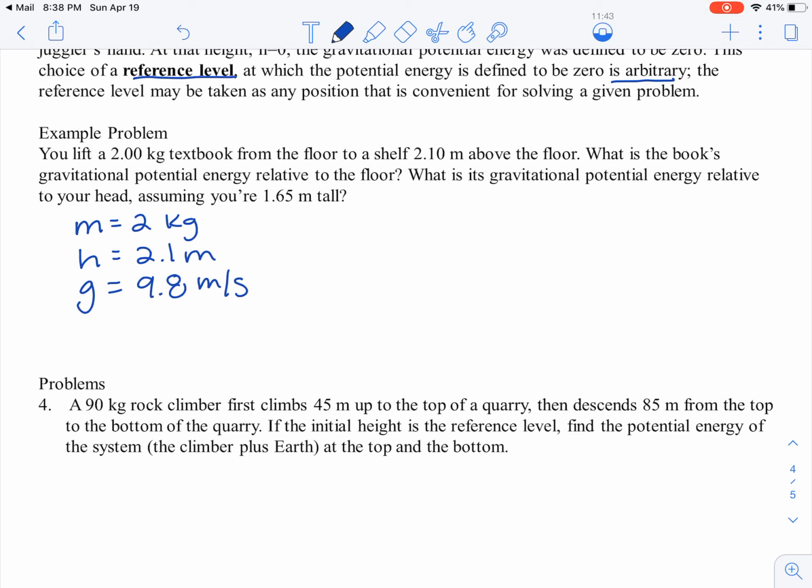We do want mass in kilograms, height in meters, and our gravitational acceleration is 9.8 meters per second squared, just like it always is here on Earth. So we are going to plug in these numbers.